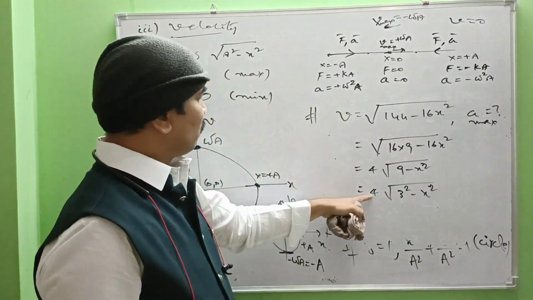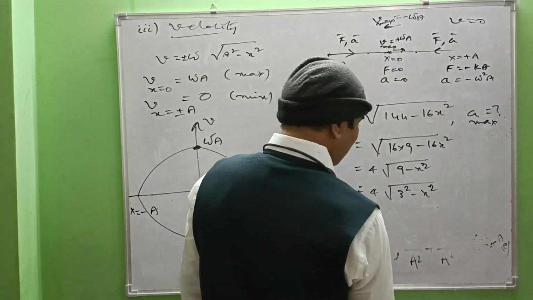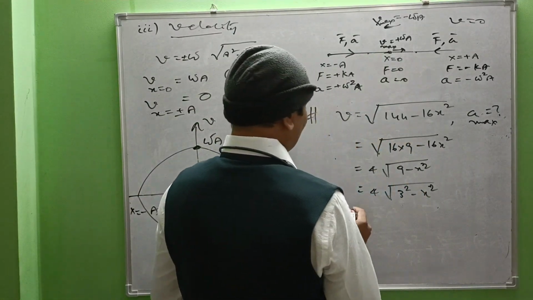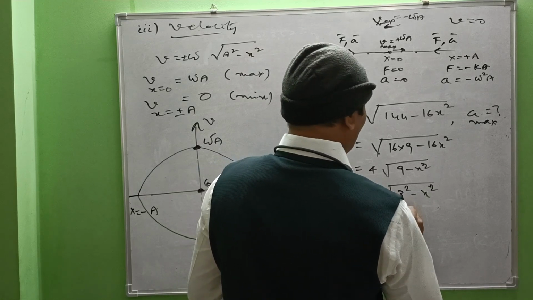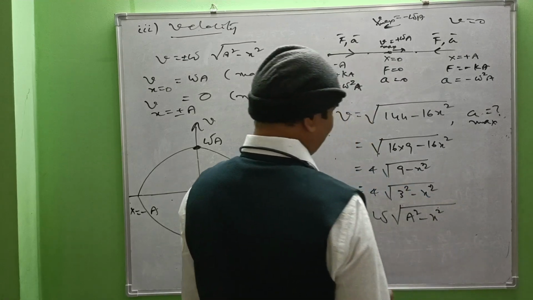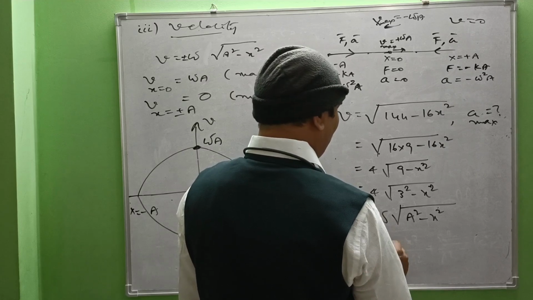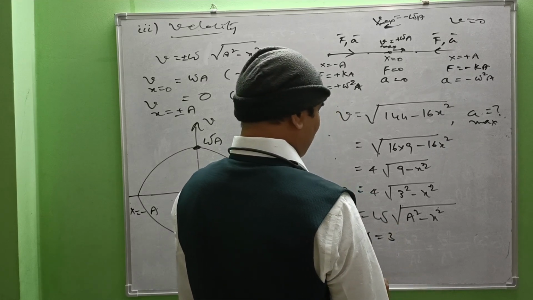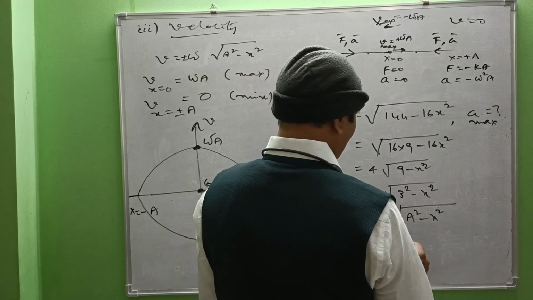Omega becomes 4. X is position. So on comparing with the expression v equal to omega into root over a square minus x square, the amplitude equals 3 meters, for example, or 3.